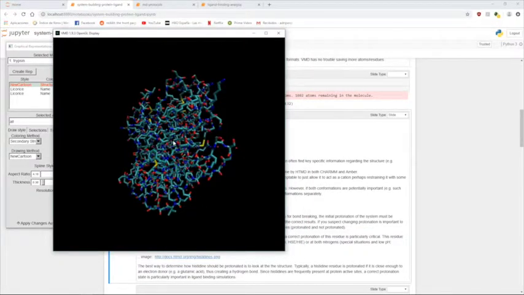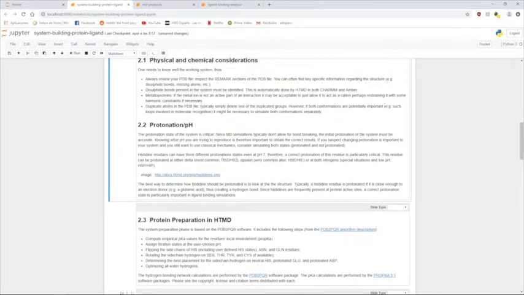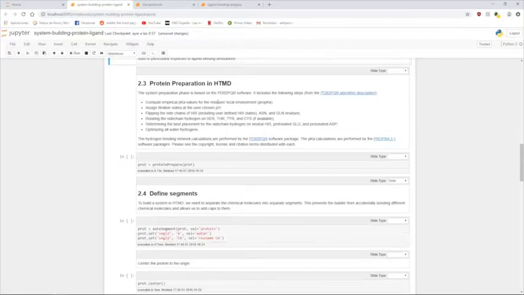To make a proper simulation of our system, we need the hydrogens back there. And as you probably know, protonation of the protein depends on the pH of the environment. So in order to set it up, we have this function here, called protein prepare, where we can set up any pH that we want.